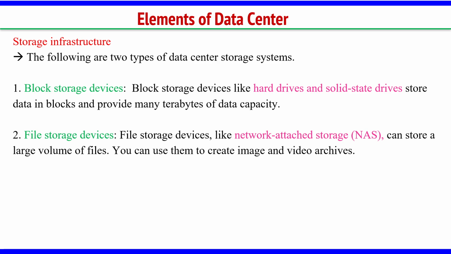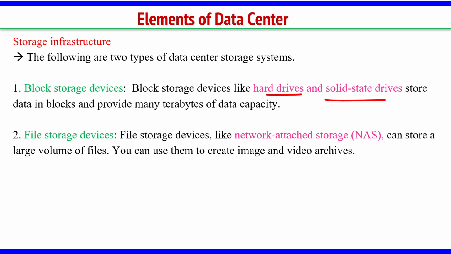The second one is storage infrastructure. There are two types of data center storage systems. The first one is block storage devices. Block storage devices like hard drives and SSDs store data in blocks and provide many terabytes of data capacity. This is like our normal storage, like what we have in our laptops or desktop machines in our labs. That is block storage. The other type of storage is file storage.